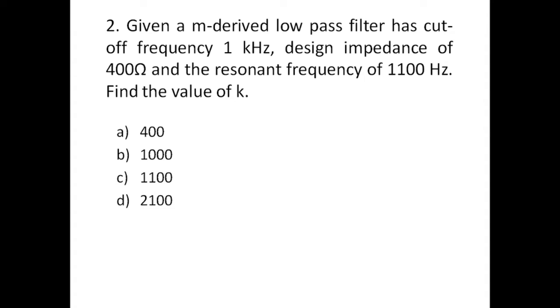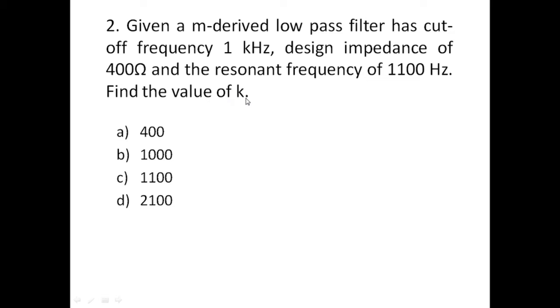In the question, cutoff frequency FC is equal to 1 kHz. Design impedance R0 is equal to 400 ohm. And the resonant frequency F infinity or FR is equal to 1100 Hz. Find the value of K.